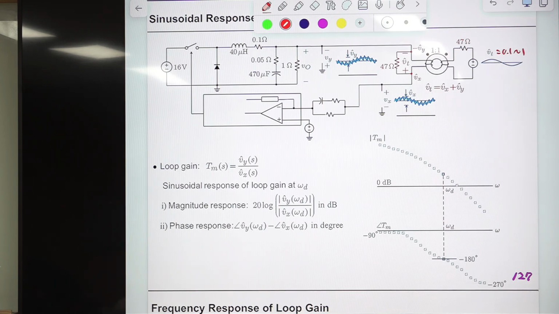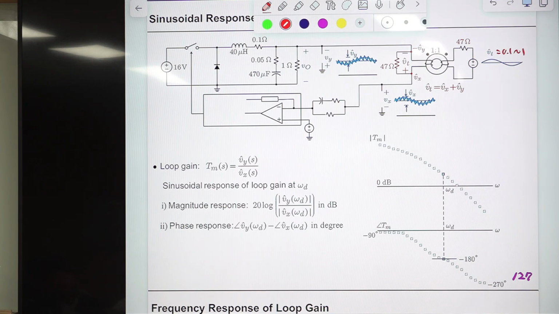Is this converter stable or unstable? This converter is unstable because at this frequency, this magnitude Tm is larger than 0 dB. That means it is larger than 1, so it is unstable. If it occurs at this angle, it is marginally stable. If it occurs at this angle, then it's stable.